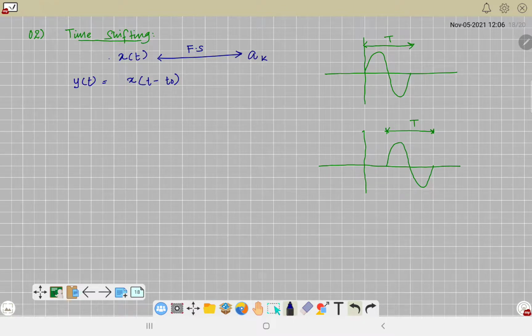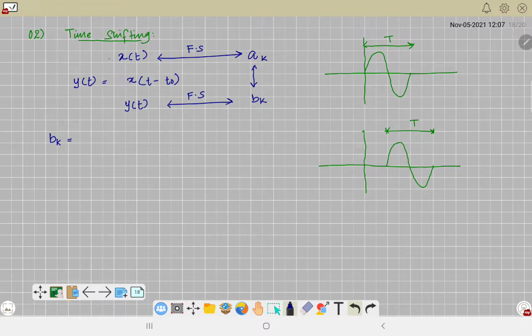Now I'm interested in finding this: if y of t is related through Fourier series to some coefficient, say b of k, how are these two related? In other words, what happens to the coefficient of a signal if it is time shifted by some amount, in this case t naught. So we will do a small mathematical analysis. It is pretty straightforward.